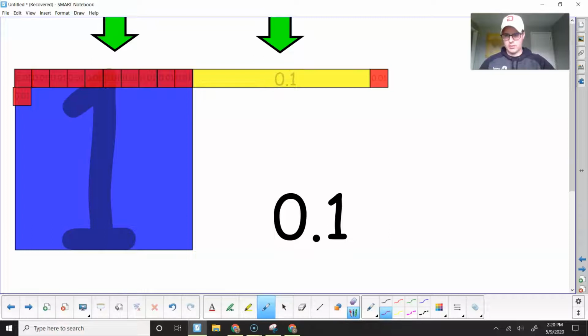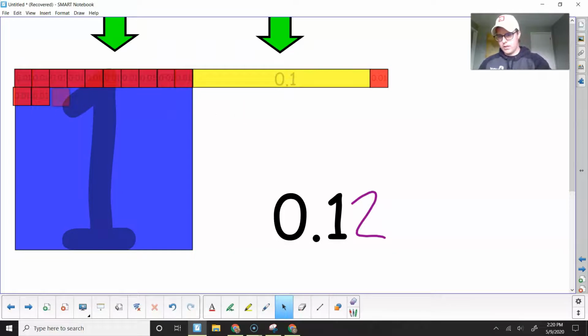I have 10 on the first row and then 1 in the second row. So now I'm at 0.11. How about now? 0.12, right?